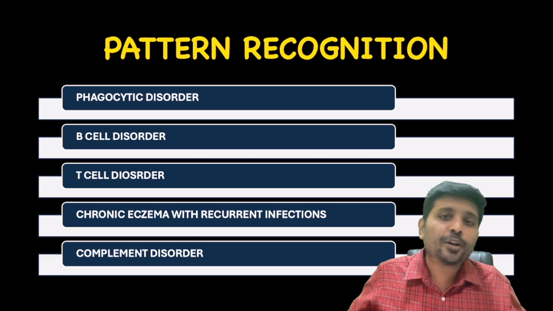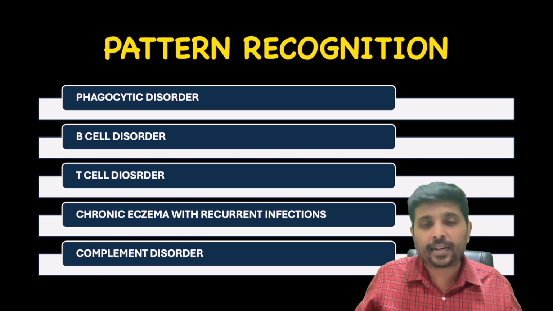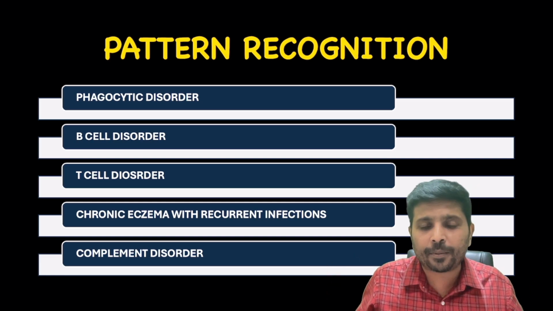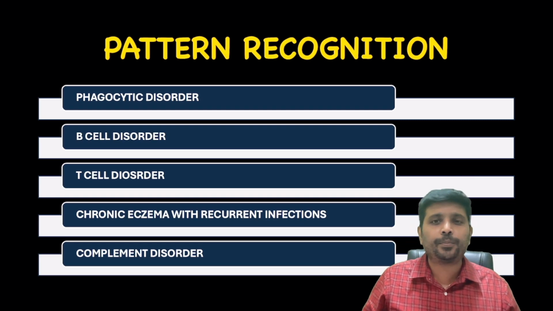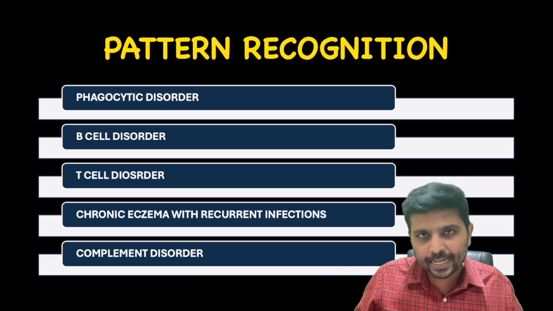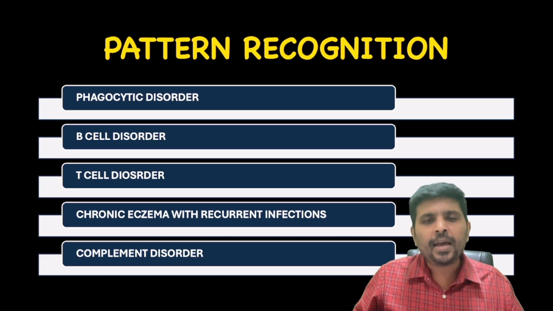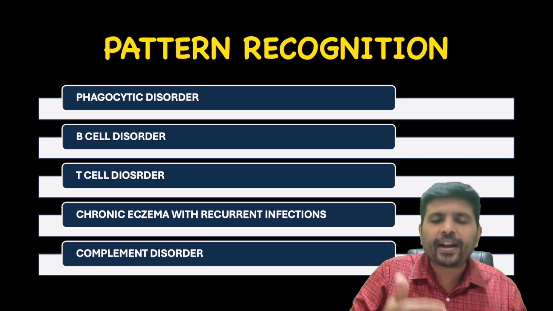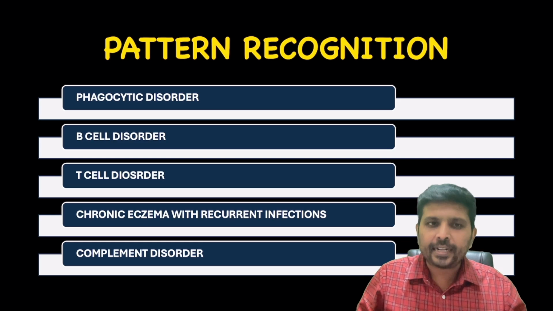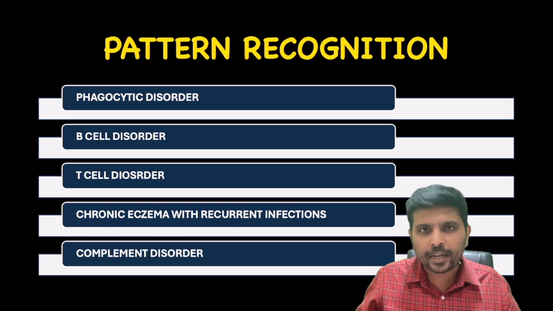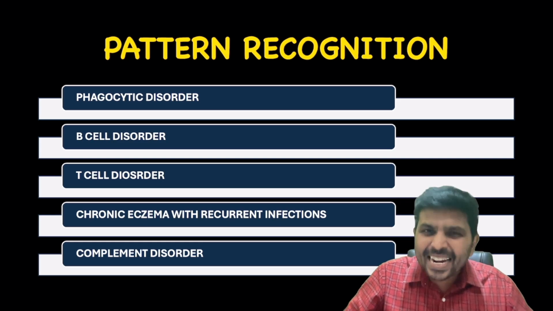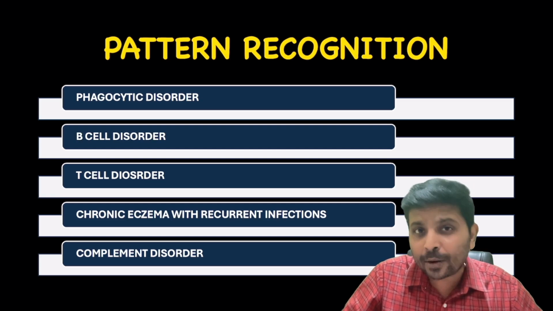But as far as the Immunological Society is concerned, there are 10 categories of primary immunodeficiency and inborn errors of immunity. But to make it clear and easier, I have divided into only 5 divisions. So, phagocyte, T cell, B cell, complement. Along with that, for convenience sake, I have added one more thing.